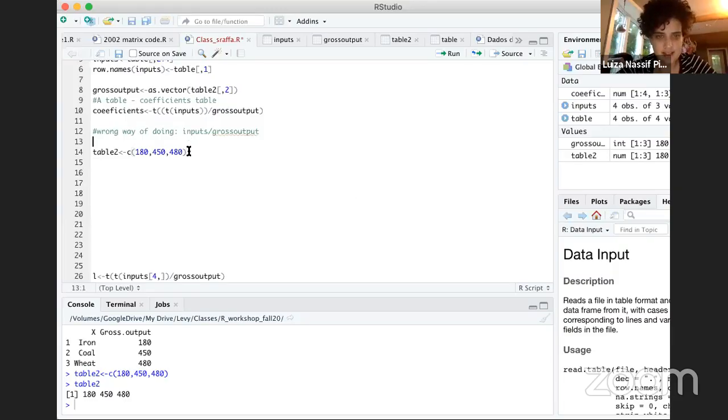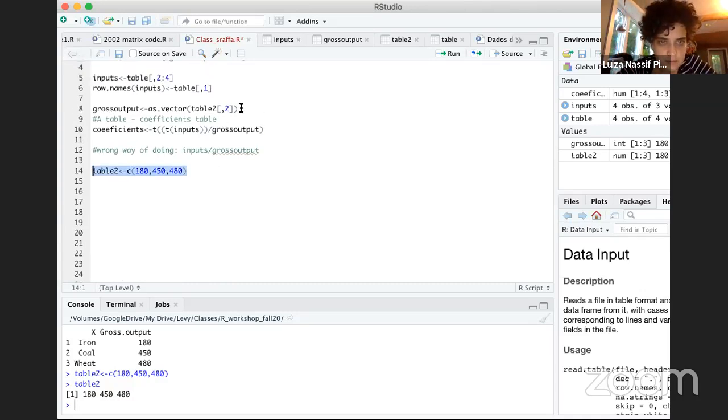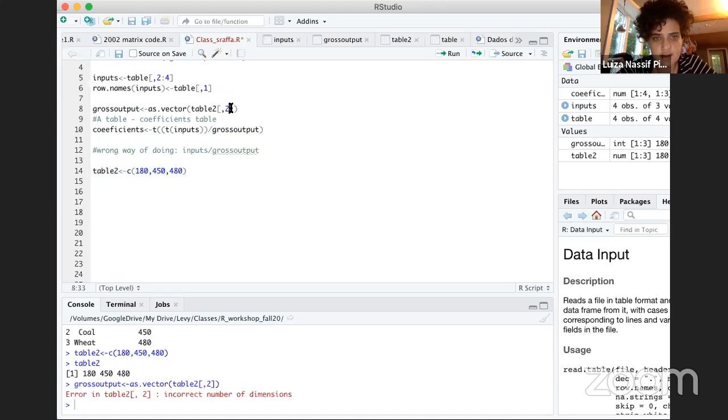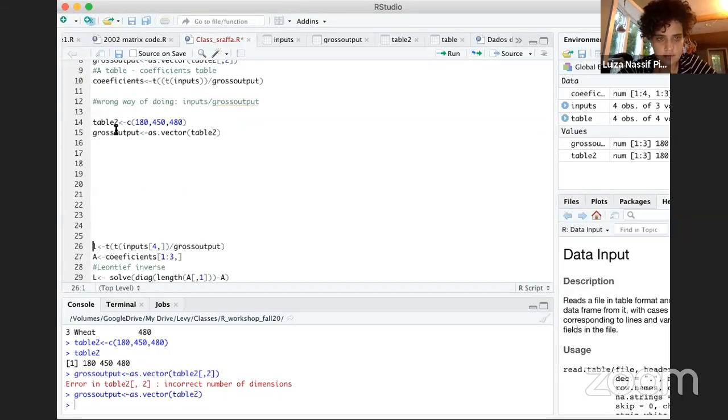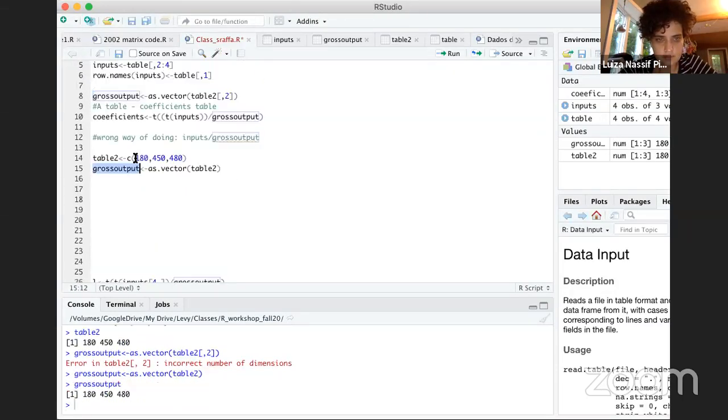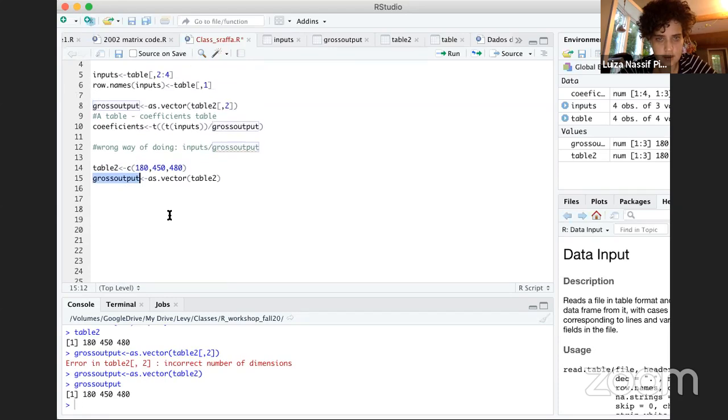Oh, you're not seeing what I'm doing. Okay, there you go. So try to do this. Assign by hand those values to table 2. And then this line, you're just going to do, try to do that.